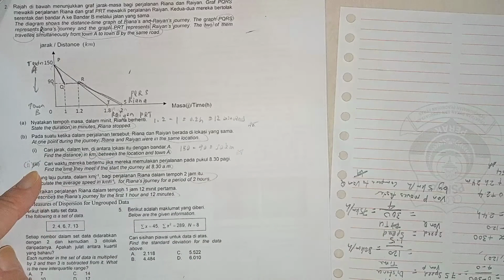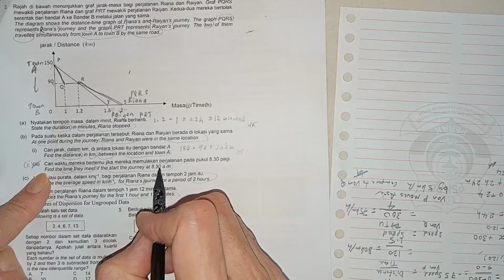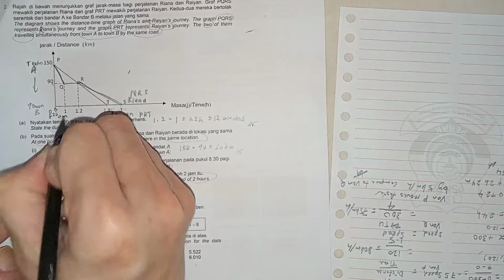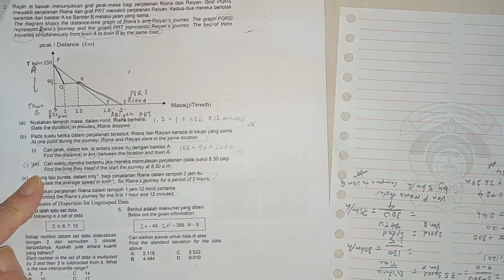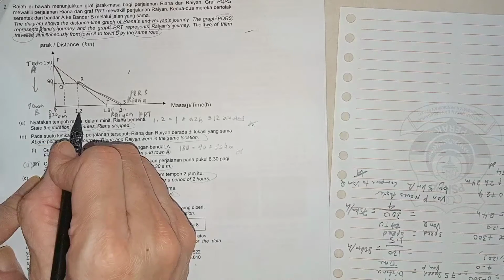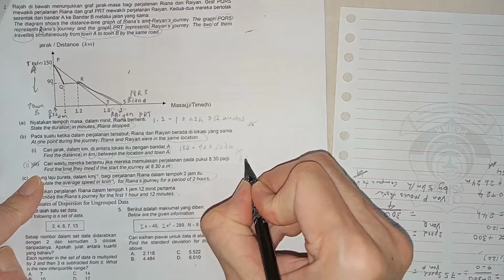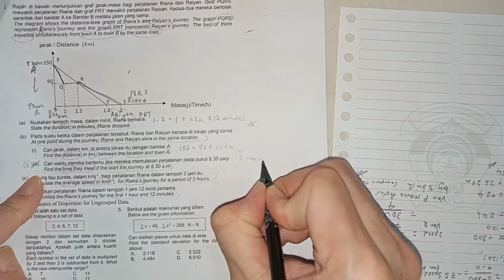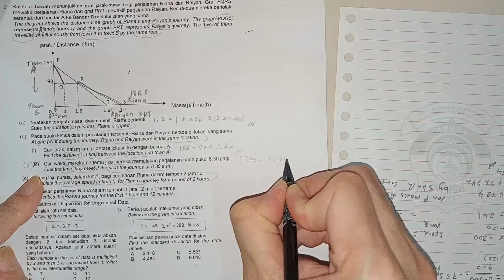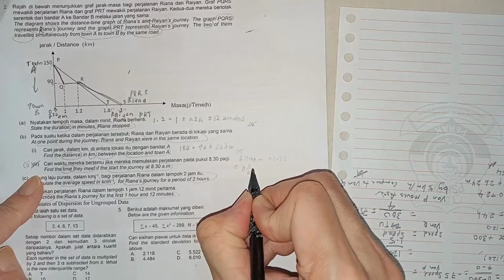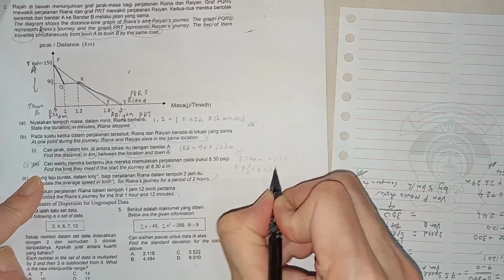And number 2, find the time they meet if they start the journey at 8:30 a.m. So they start from here, 8:30 a.m. plus 1.2 hour. So 8:30 is 8.5 hour, plus 1.2 hour.